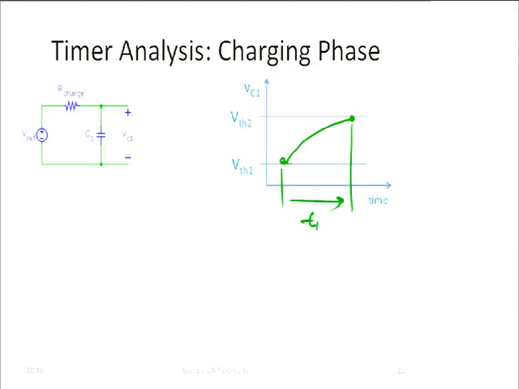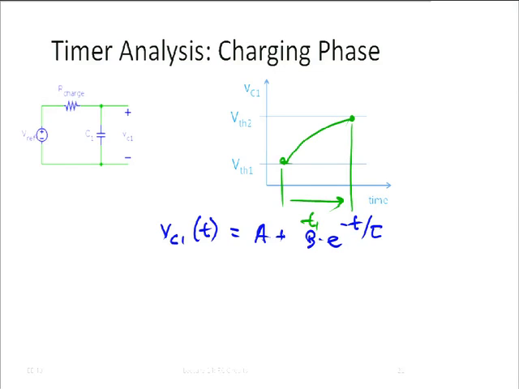A fairly general guess would be Vc1 of t is an exponential, a plus b times e to the minus t over tau. The reason I wrote this down is that this kind of equation should be able to model this kind of exponential that I drew there. Of course, in the end, we have to check whether we can satisfy all of our conditions, and then we may determine that this wasn't a good guess, but let's try at least.